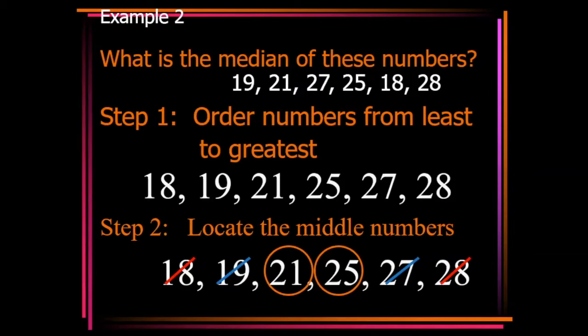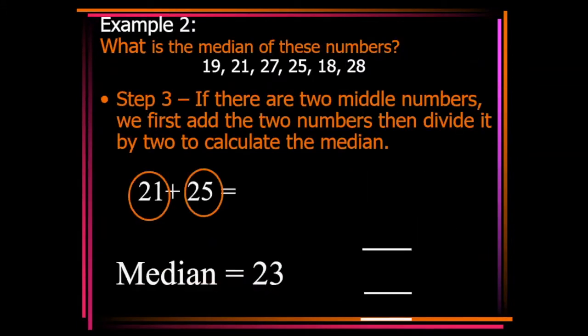Okay, so everyone is saying to add, then divide by 2. Okay, good job. So what is the median of these numbers? Our third step: if there are two middle numbers, we first add the two numbers, then divide by 2 to calculate the mean.